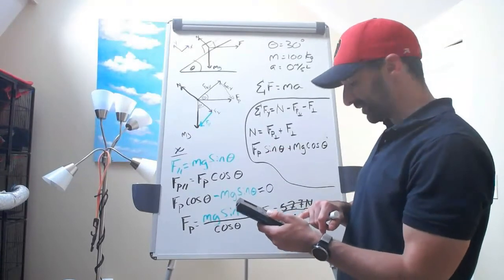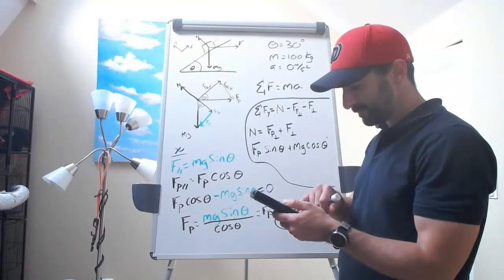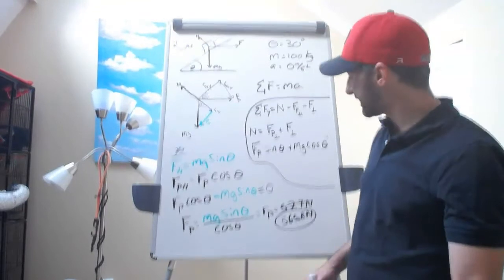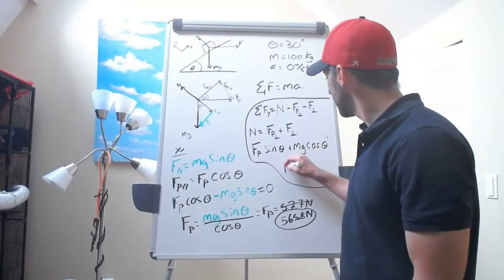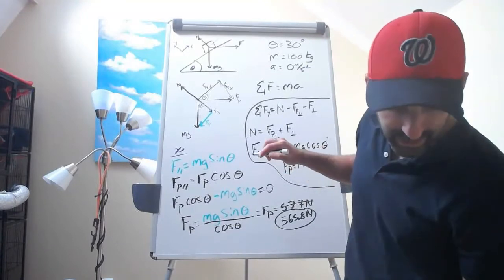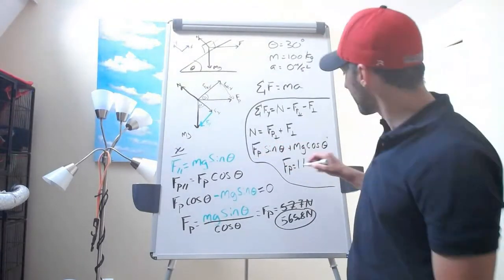So let's see, I've got 1,131.6 newtons. FP equals 1,131.6 newtons. Now I know you all have paused and done this yourself, and my video is paused.